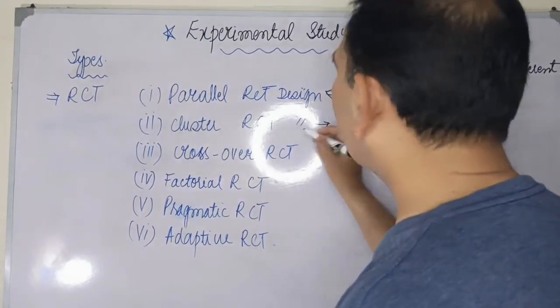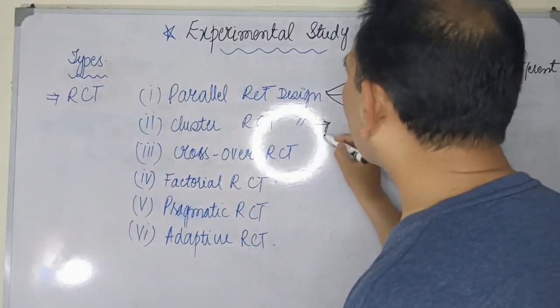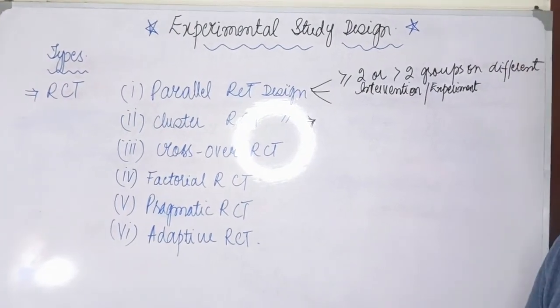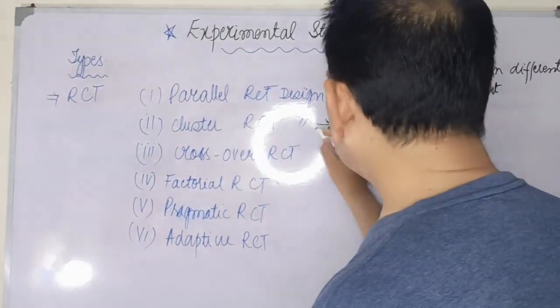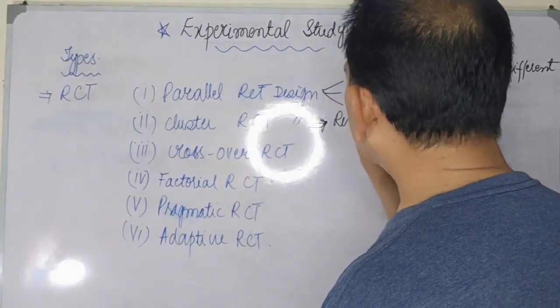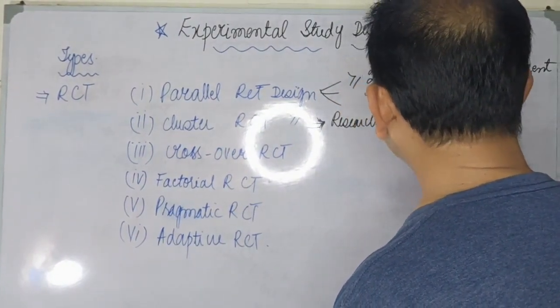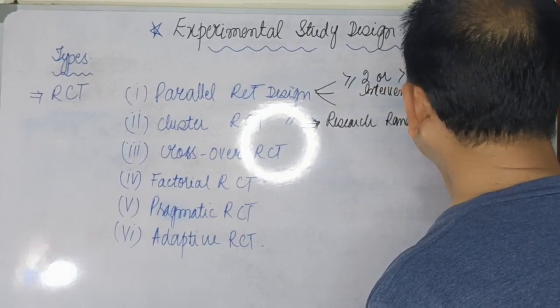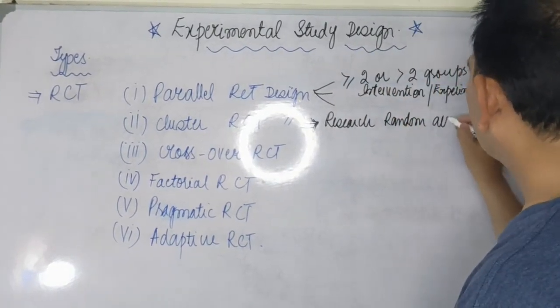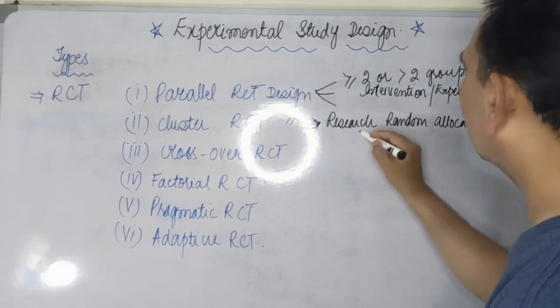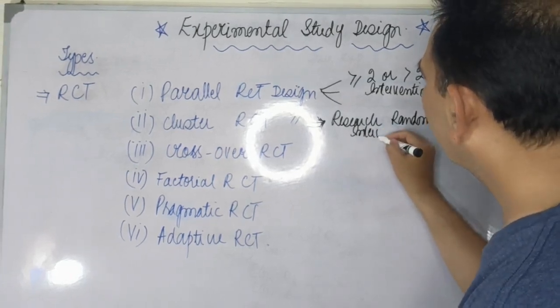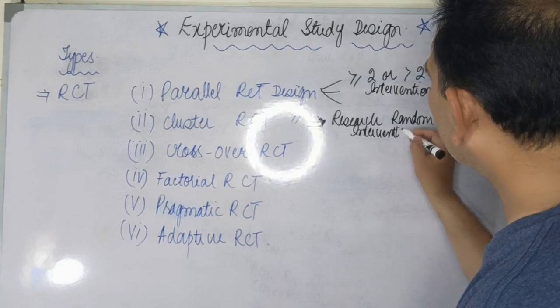Now the second one is called the cluster RCT. In the cluster RCT, the researcher randomly allocates the intervention to the clusters.